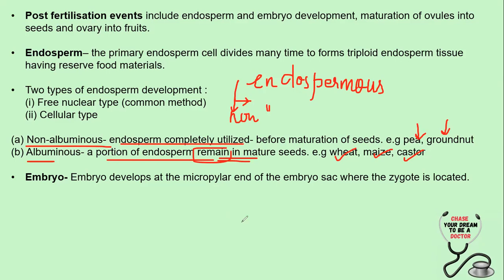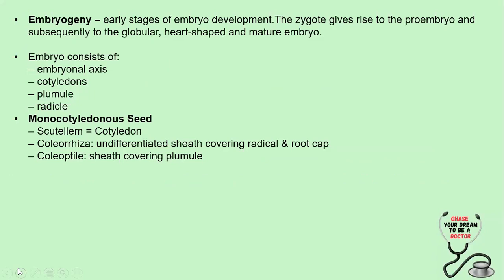Yes. Clear, everybody? So, coming on to the embryogeny process, the embryo consists of an embryonal axis, a plumule that will develop into the future stem, and a radicle that develops into the future root. The cotyledon of a monocot seed or a maize grain, you will call the scutellum.